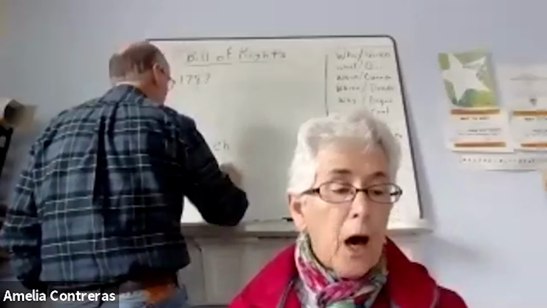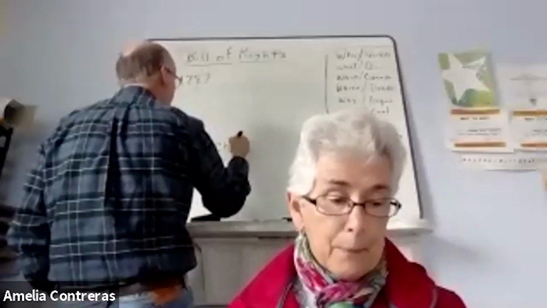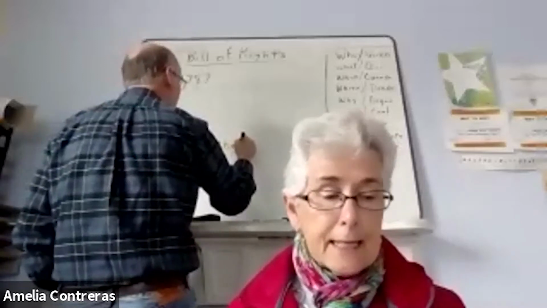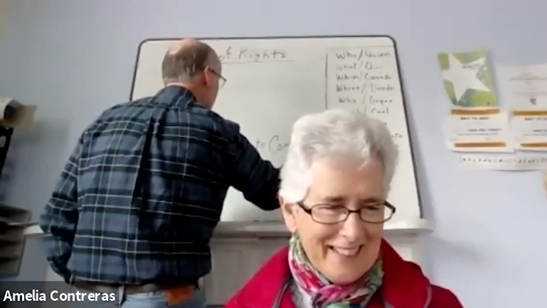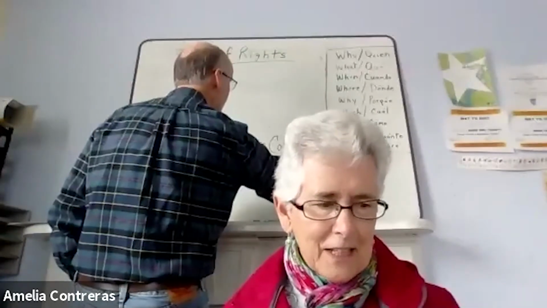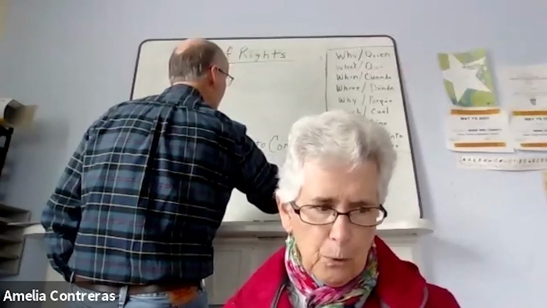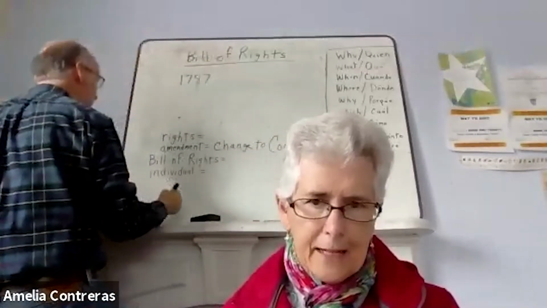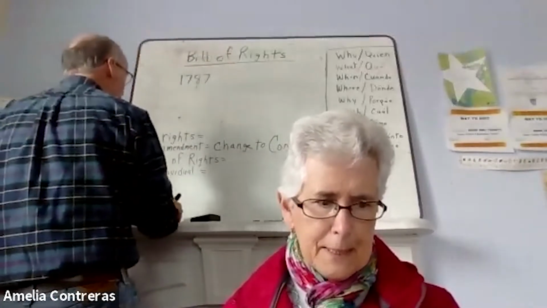In 1791, a list of 10 amendments was added. So I'm just going to go off the paper for a second. The Constitution was written in 1787, and in 1791, four years later, they added the first 10 amendments.